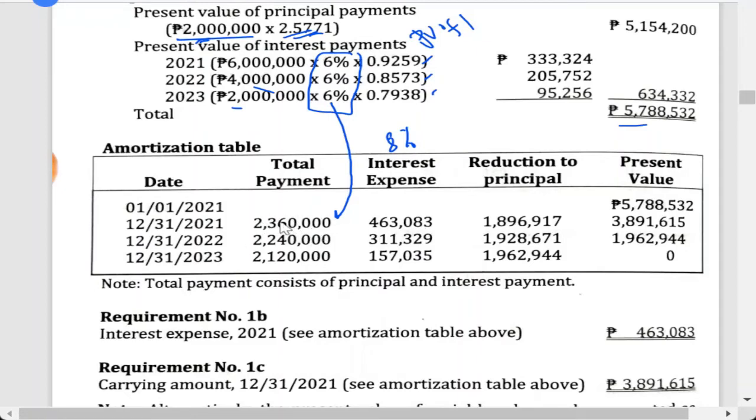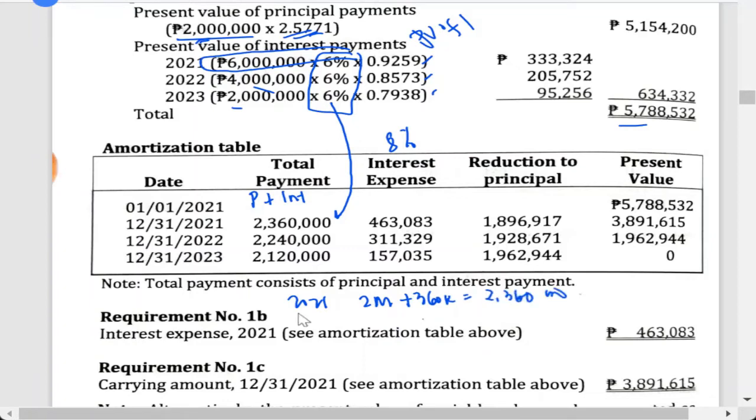So the total payment here is for the principal plus the interest. Di ba every year magbayad og 2 million plus tong interest kani siya kani, di ba this is 360. Okay, so 2,360,000.